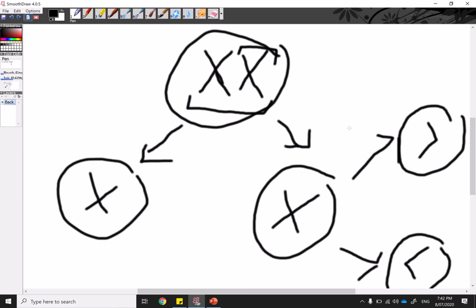So we start with diploid up here. We end up with two haploid cells, and out of these two, we again have four haploid cells. And you may ask, why are they haploid? Because you don't see a pair.